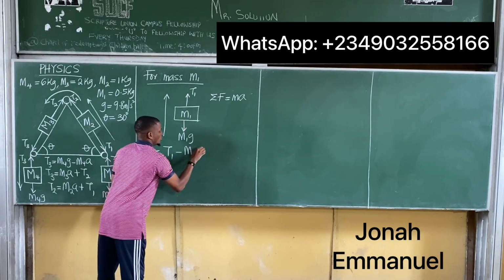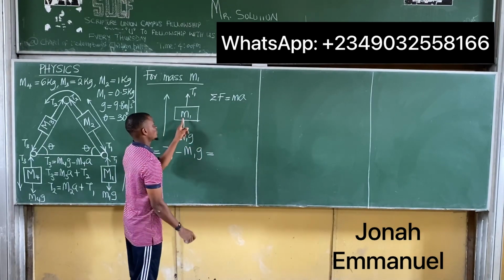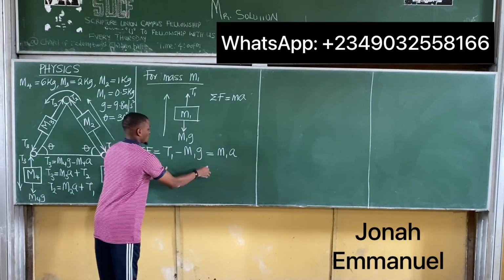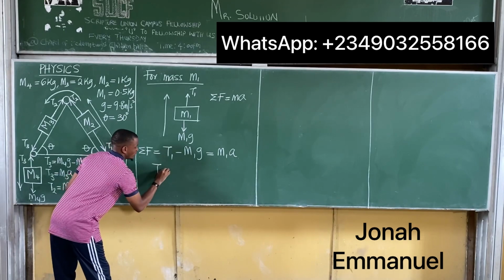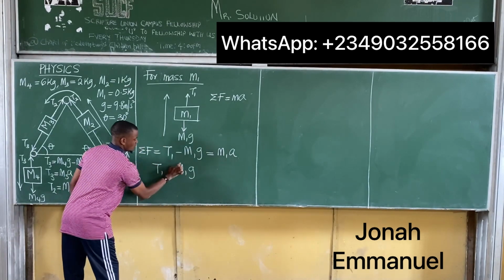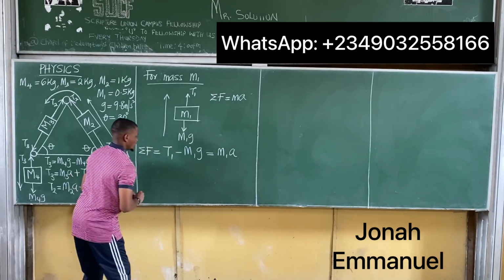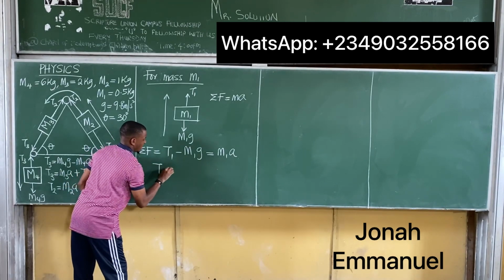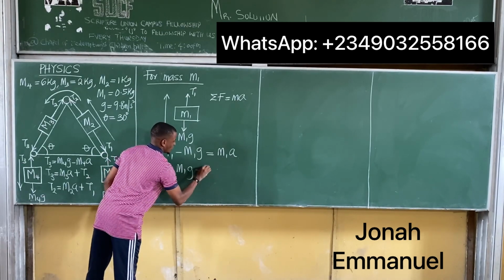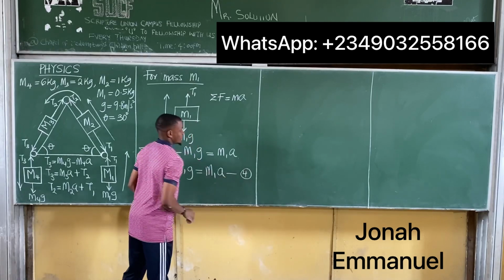It is equal to MA, writing M in terms of M1, becomes M1A. So it means that T1 minus M1G is equal to M1A. So here's perhaps your fourth equation.